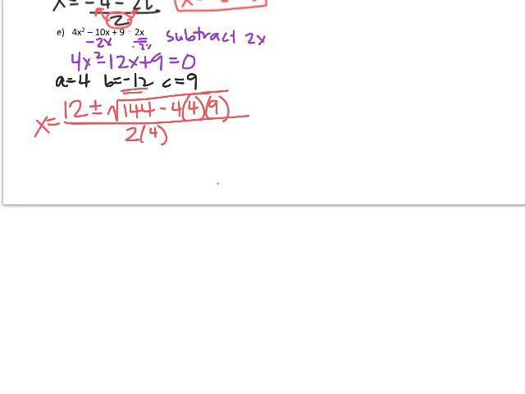If you use your calculator, 4 times 4 times 9 is actually 144. So I'm going to subtract that from 144 so you guys can see what's happening there. 12 plus or minus 0, because 144 minus 144 is 0, over 8.